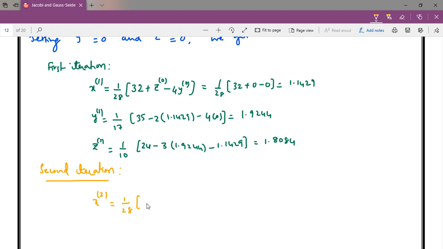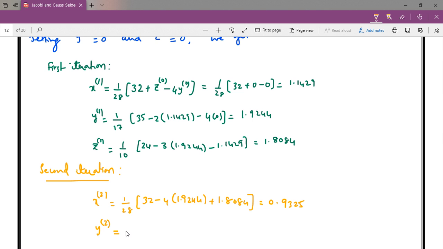So 1 by 28 into 32 minus 4 into 1.9244, that is y1, plus 1.8084, that is z1. So this gives 0.9325.